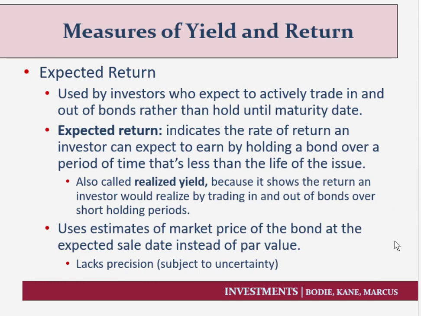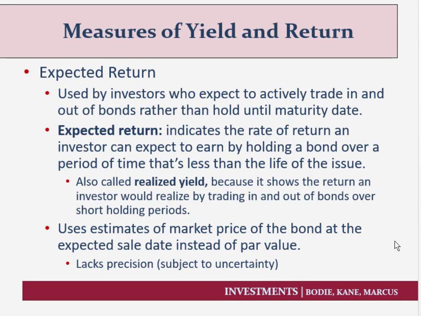Another way to look at bonds, though, is what happens when I want to buy this company's bond, but I don't want to hold it for 30 years. Maybe I have a bill that I want to pay. Let's say I owe $100,000. So today I'm going to buy 100 bonds. Those 100 bonds are going to mature in 10 years, and in 10 years, I need to cash them in.